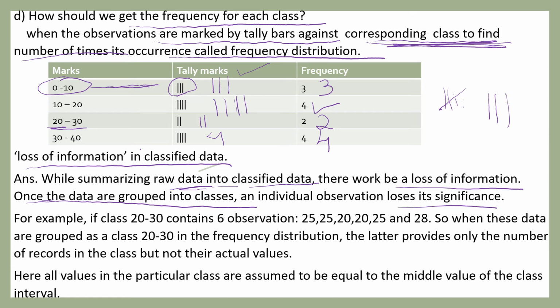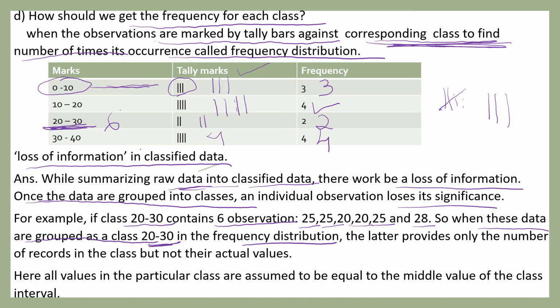For example, if 20 to 30 contains 6 observations: 25, 25, 20, 20, 25 and 28. When these data are grouped as the class 20 to 30 in the frequency distribution, 1, 2, 3, 4, 5, 6 values are observed. So we will only write that from 20 to 30, 6 values appeared.